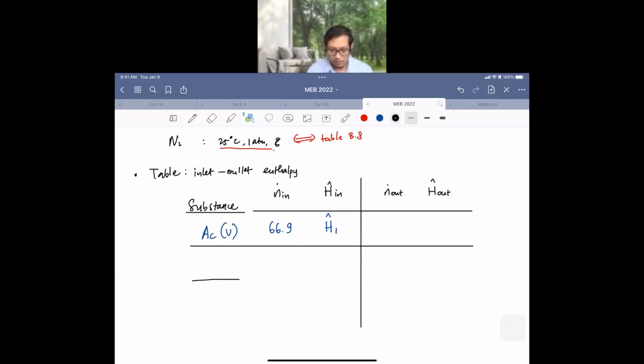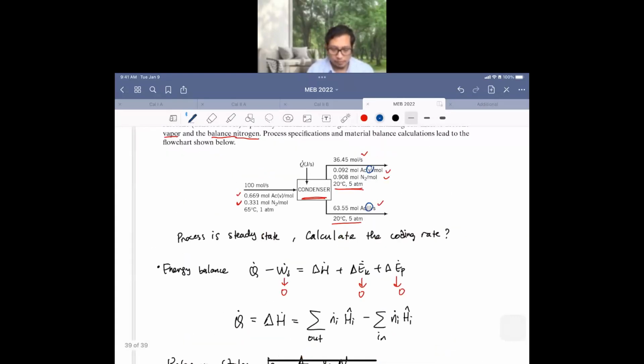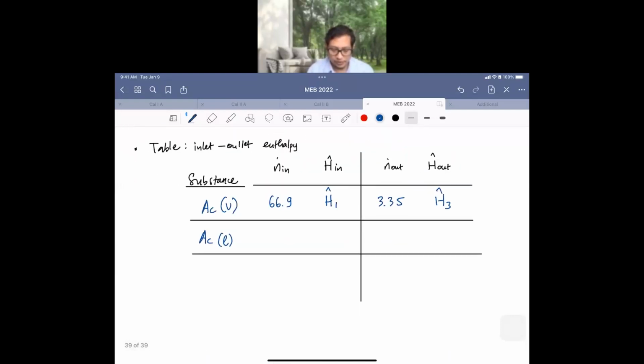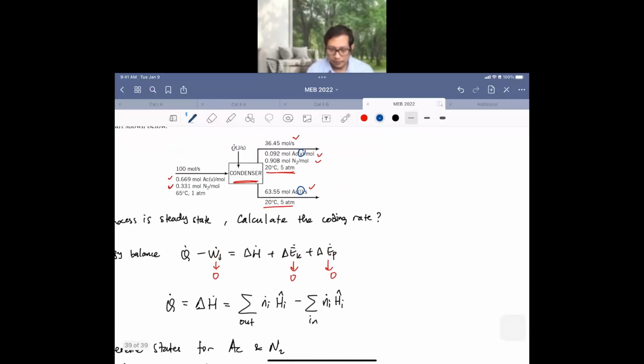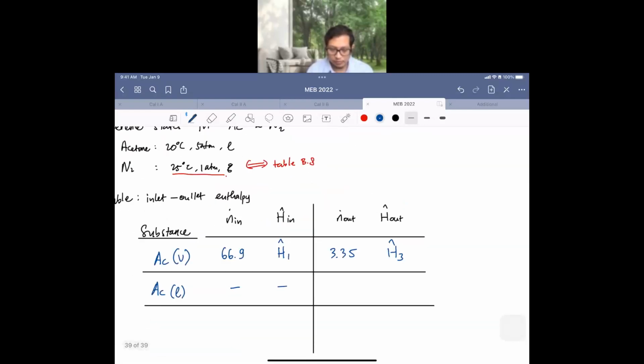Here. And then out is 3.35, H3, and then the acetone liquid. The input, they don't have any liquid, right? So we can just take it 0. And output, we have 63.55 mole.